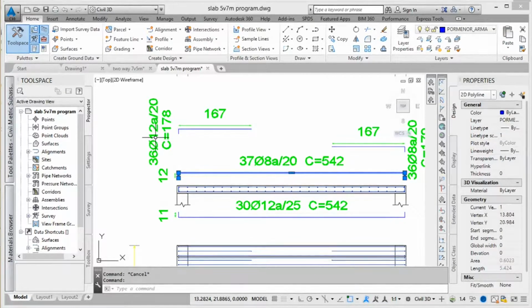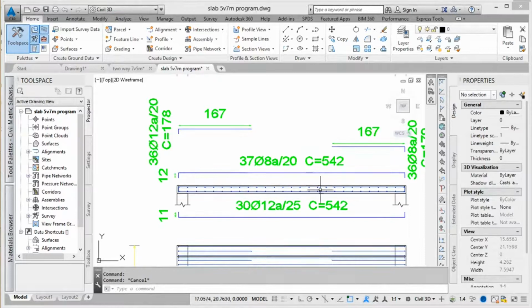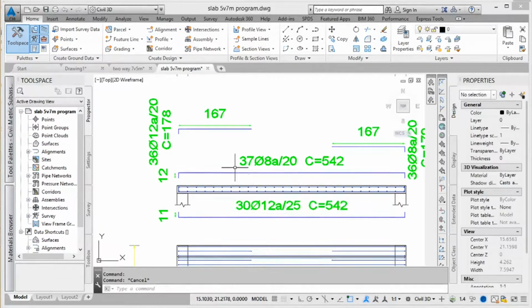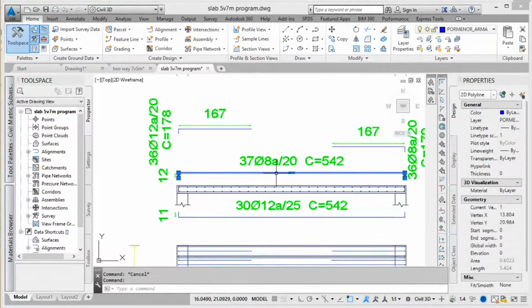So the result is the same, but what the software did was consider a combination of wind or other factors that can generate traction here on the top fiber of the concrete. So we place this minimum reinforcement to be able to secure.